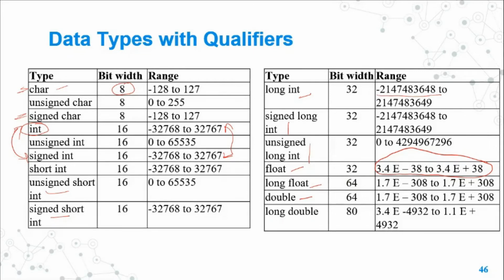It holds 80 bits, that is 10 bytes of memory. The value it can hold is too large, from 3.4e-4938 to 1.1e4932. That is a type of value we normally don't encounter in our calculations.